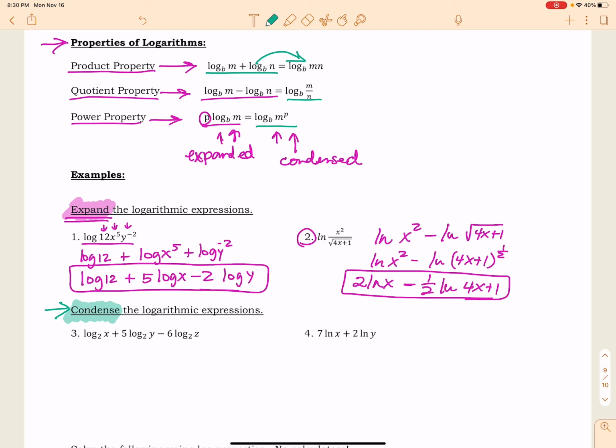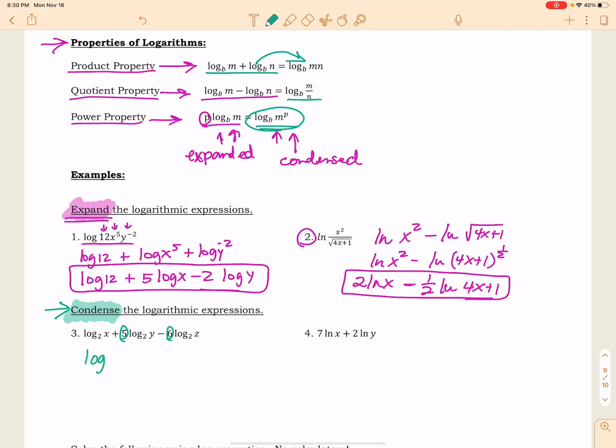So notice that on 3, I've got 3 terms, and they're being added and subtracted. And then I've got 2 terms on 4. So I'm going to condense these down into one single term. So the first thing I'm going to do is take care of these numbers in the front and put them back in the exponent position, just like the power property shows.